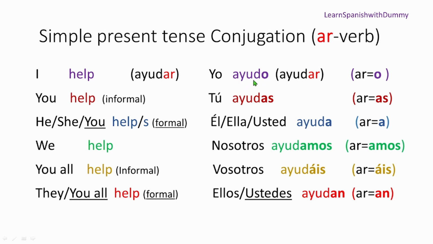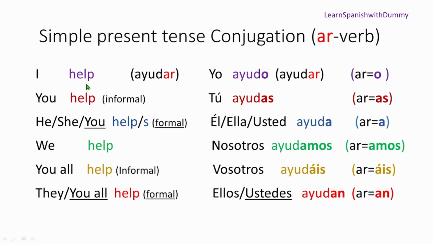And how did we do it? We always replace the ending AR with something. When you speak about the first person, I help, you replace AR with O. See, yo ayudo, I help. While in English it's just the verb, I help.